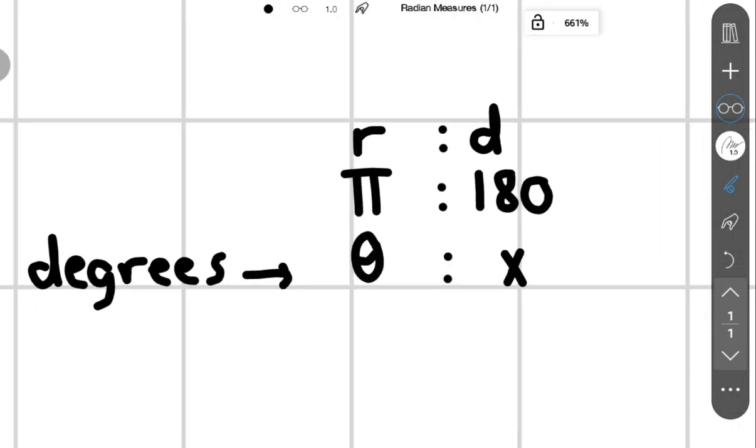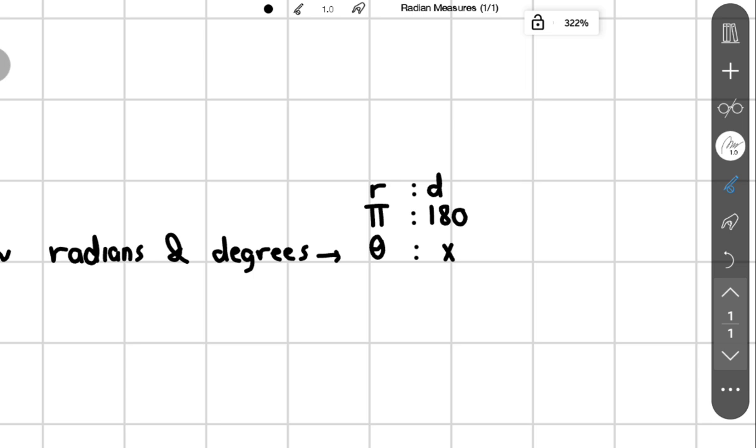For example, if I want to find theta, I could just multiply x degrees times pi all over 180, and also vice versa. I'm going to write down a few examples on how we could use this ratio to convert between radians and degrees.